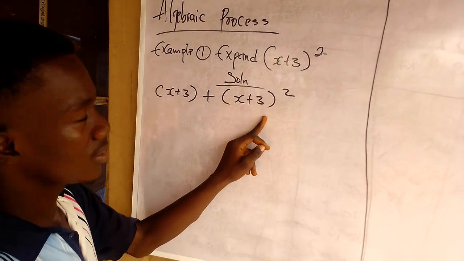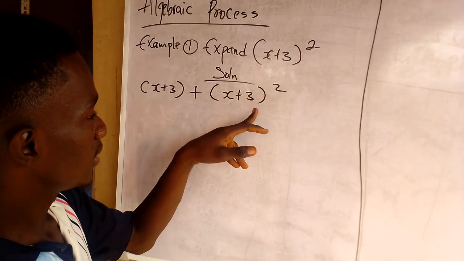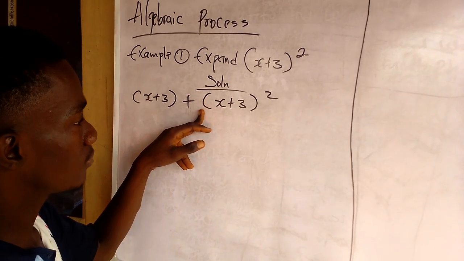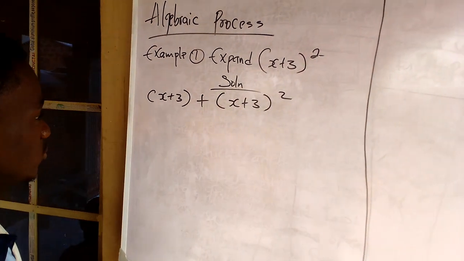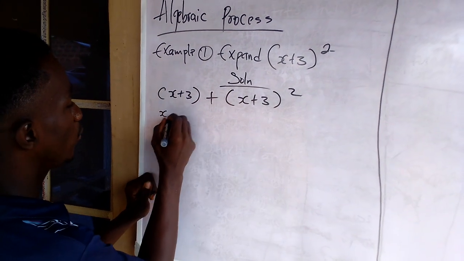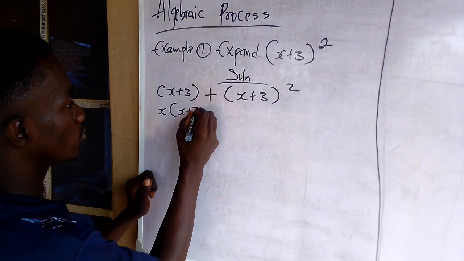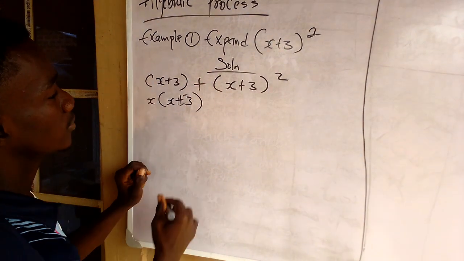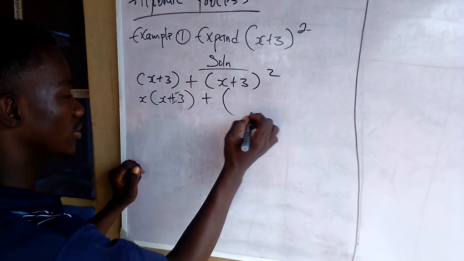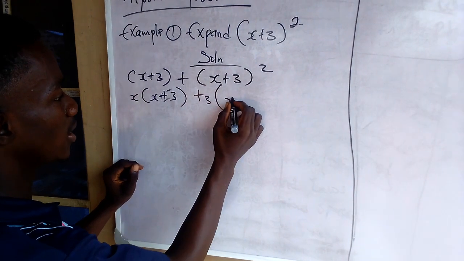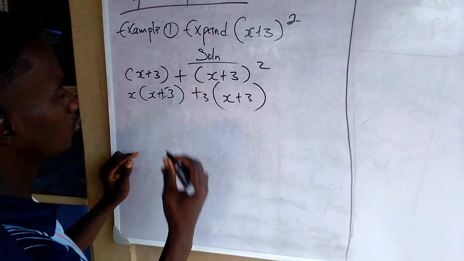And the last number here is 3, so 3 comes outside the bracket. This is how to do it: x(x + 3) plus 3(x + 3).